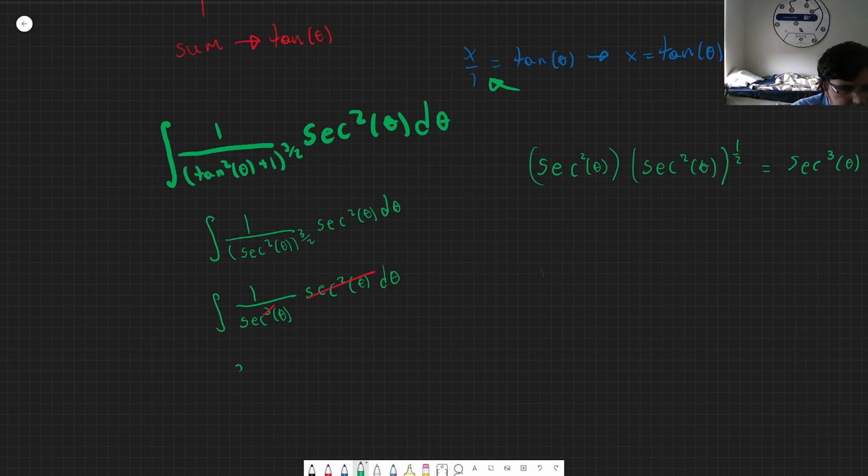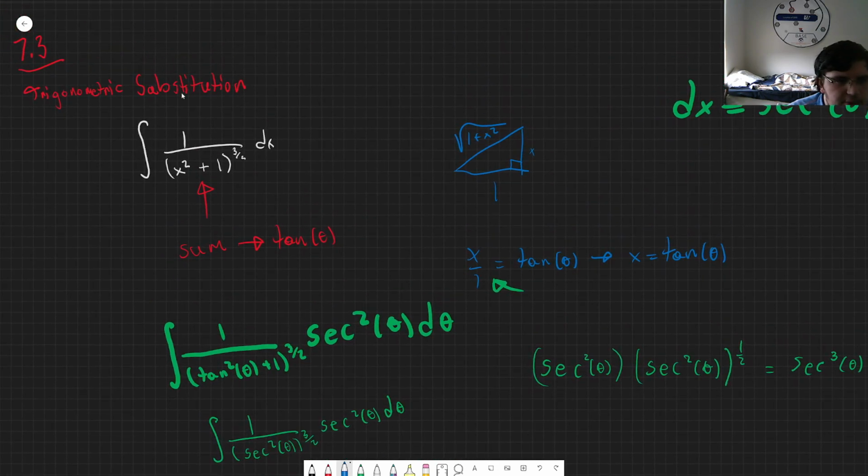And now we're going to have the integral of 1 over secant theta d theta, which actually equals the integral of cosine theta. And evaluating this, we're going to get sine of theta. No plus c yet, as we have one more step to do.